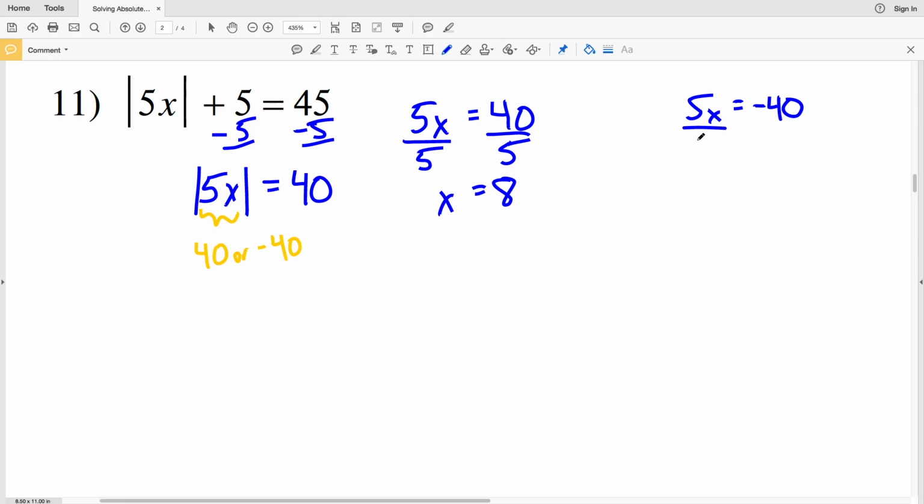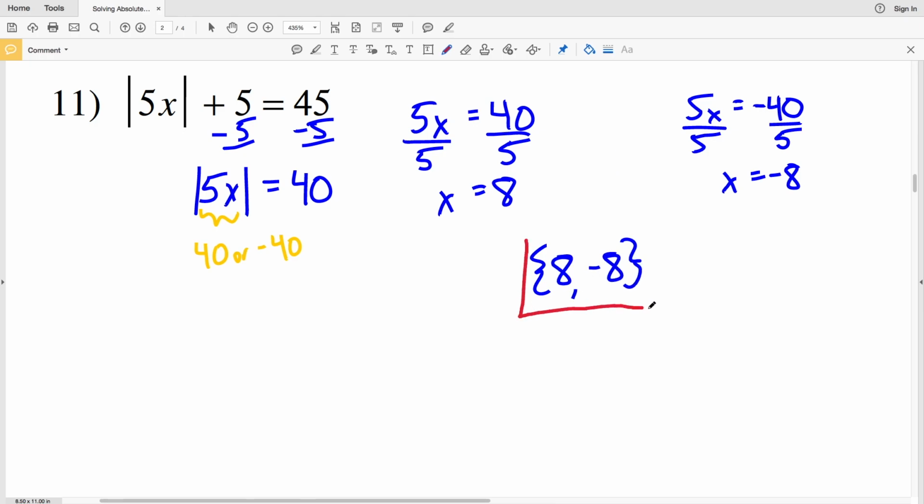When 5x is equal to negative 40, dividing both sides by 5, we get that x is equal to negative 8. So for number 11, x is either 8 or negative 8. Because the absolute value of 40 equals 40 and the absolute value of negative 40 also equals 40.